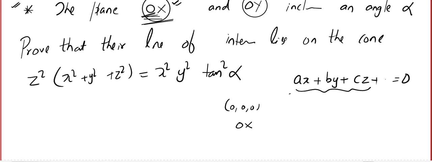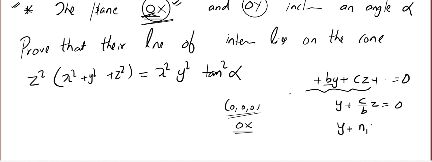Any plane passing through the x-axis will not have the coefficient of x. So basically, any plane through the x-axis and touching the origin will be this. And if you divide throughout by B, you will get y plus C by B into z equal to 0. And for formality's sake, I am going to call it y plus n1 into z equal to 0. You saw that example, I showed you those equations, or you can rewind it and check it.